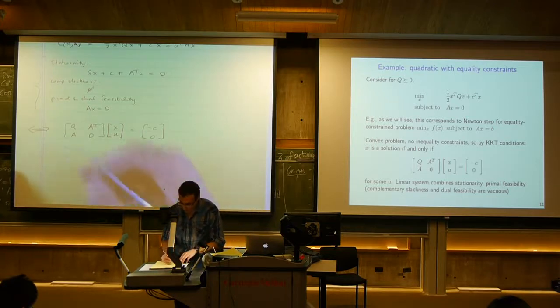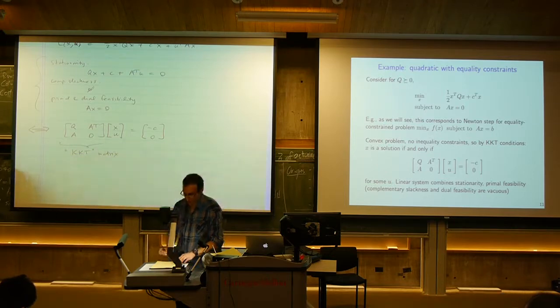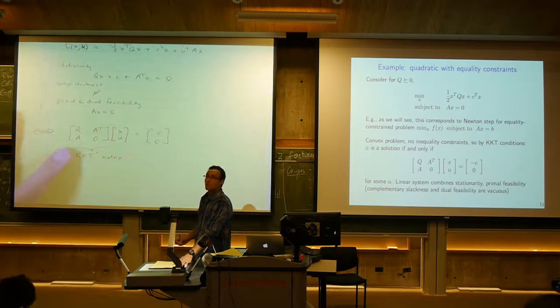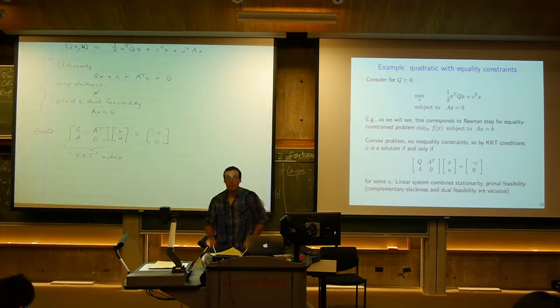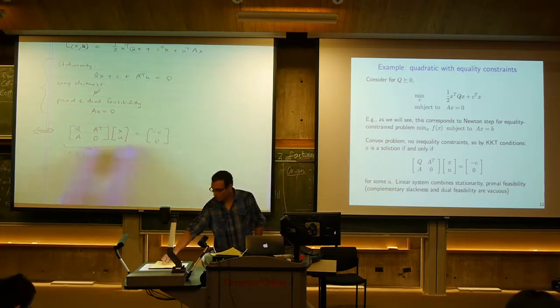So this is sometimes called the KKT matrix. You'll see it called the KKT matrix for exactly this reason. So it came out of the KKT conditions. Okay, it's very useful because this problem is not one that you can obviously solve in closed form, right? We can pretty much write this in closed form.